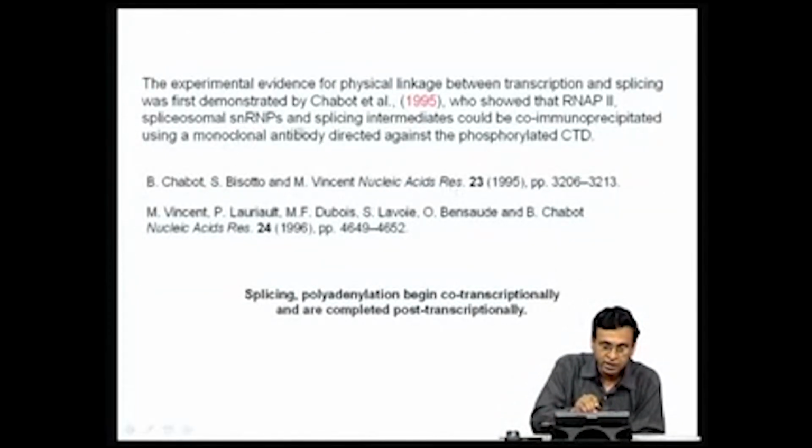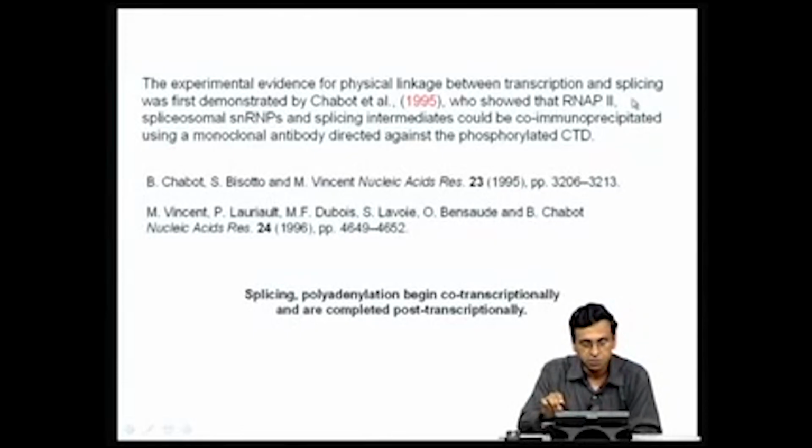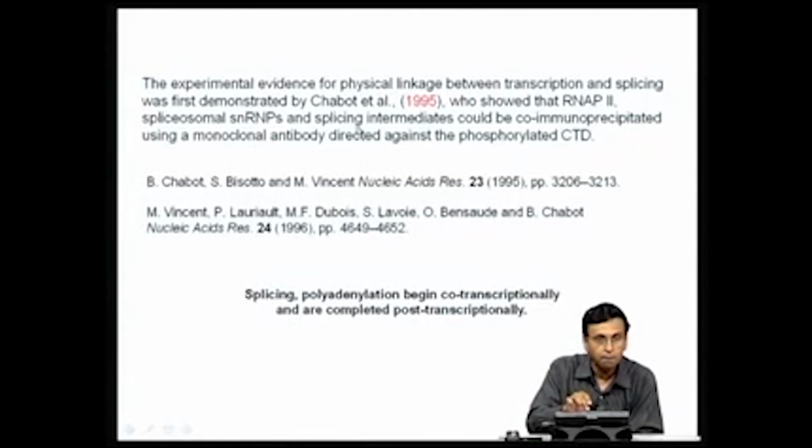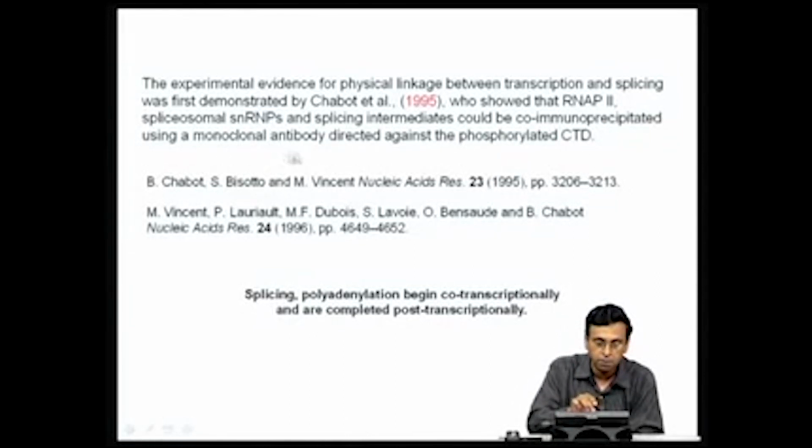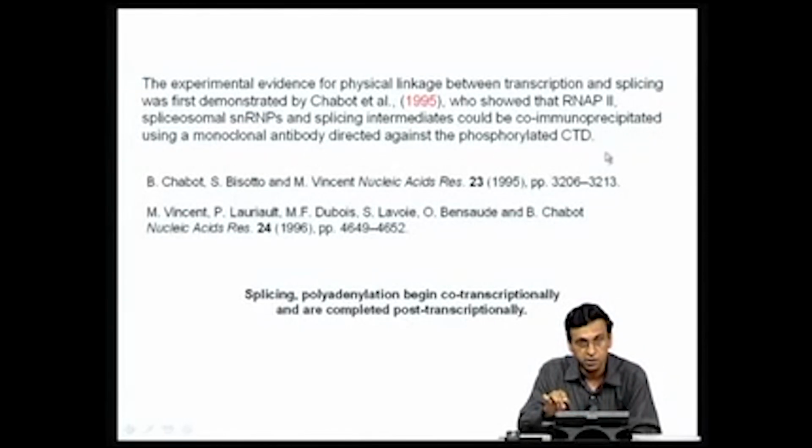Again, the experimental evidence for a physical linkage between transcription and splicing was first demonstrated by Chabot et al. in 1995, who showed that RNA polymerase II, spliceosomal snRNPs and splicing intermediates could be co-immunoprecipitated using a monoclonal antibody directed against the phosphorylated form of the CTD.